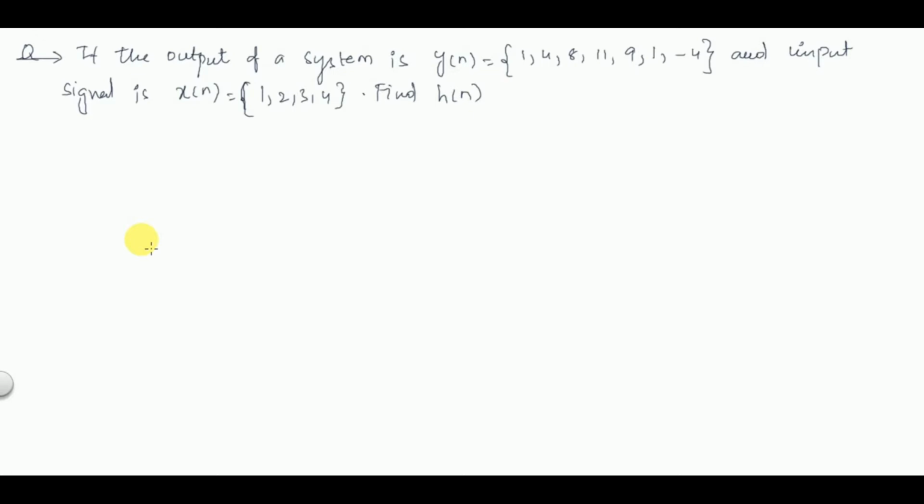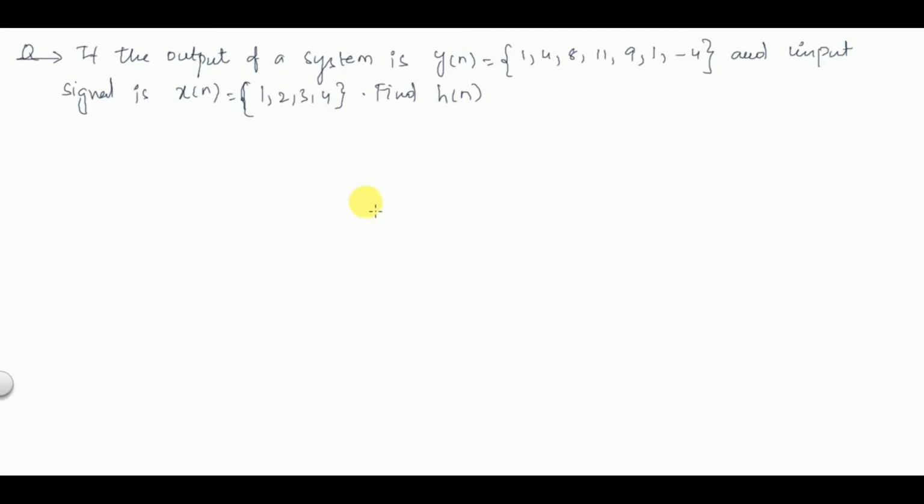I'm just writing the answers for this, and the procedure I have explained in my previous video. I'm also giving the link of the playlist in the description, so you can see there about linear convolution, and then come back here to understand these two GATE problems.